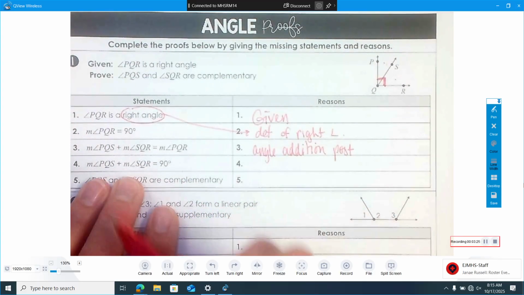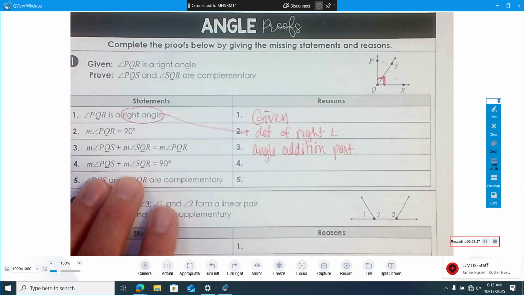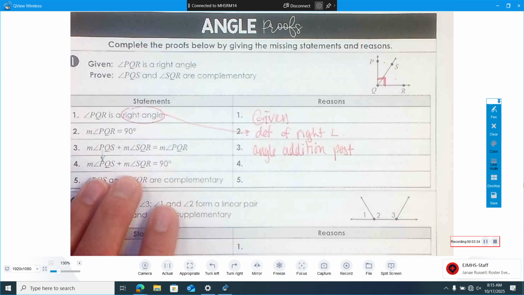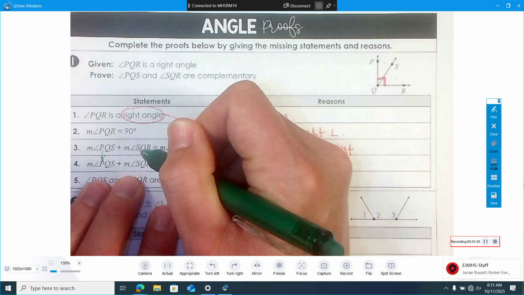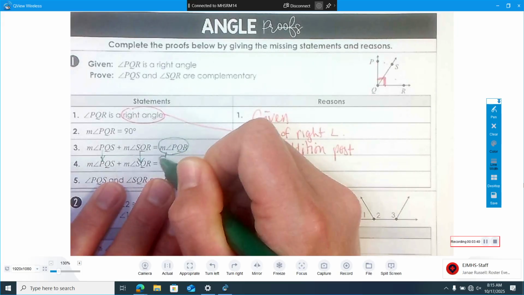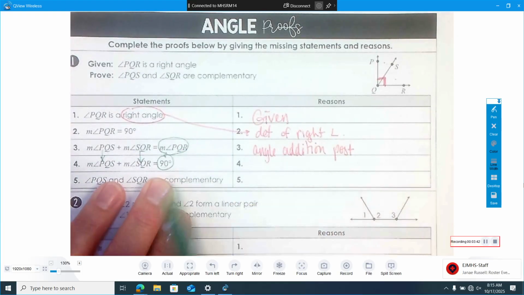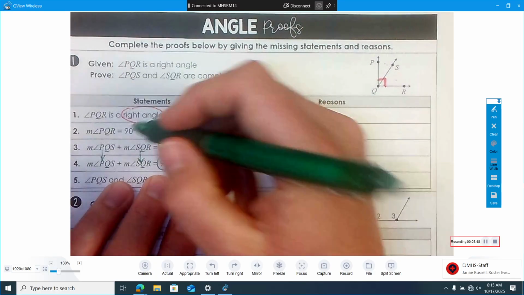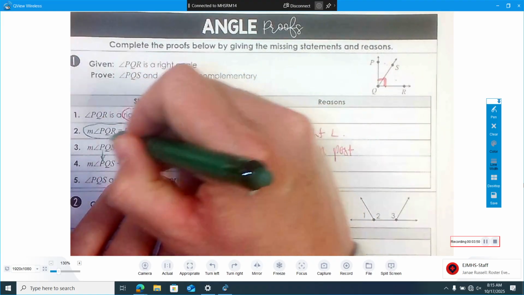Okay, so let's look. Now, when I look at the next thing here, I'm noticing what's staying the same and what's changing. So when I look, I see, hey, measure of PQS, that stayed the same. The measure of angle SQR stayed the same. Oh, here's the change right here. Measure of PQR became 90. Why? Substitution right here.